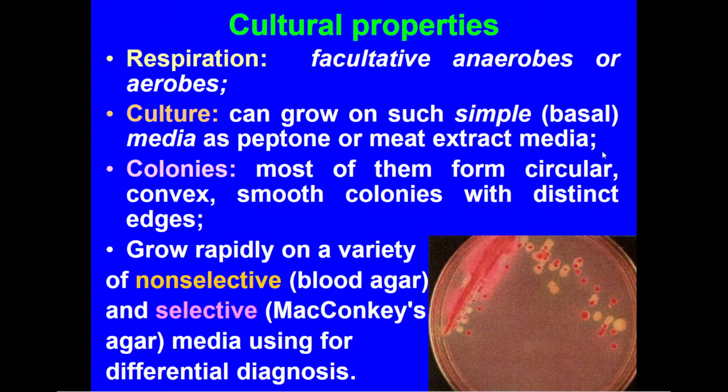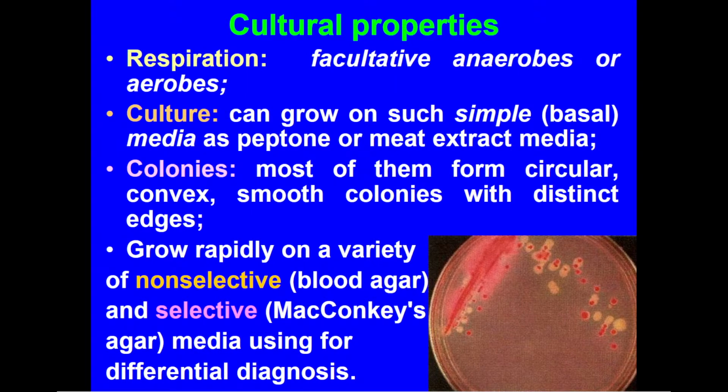Usually they form circular, convex, smooth colonies with distinct edges, but they are most probably indistinguishable from many other bacteria. They grow rapidly, and for their growth we may use non-selective and selective media.